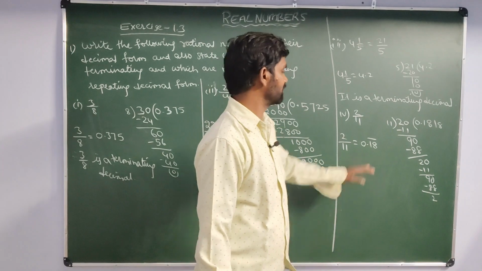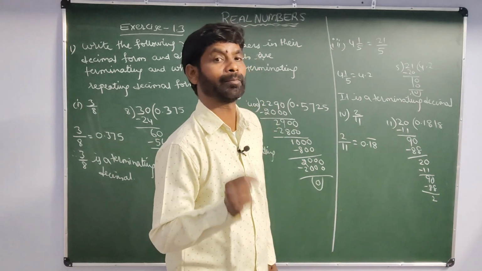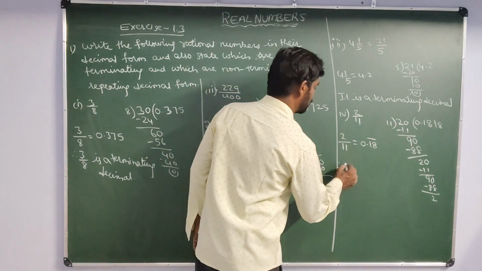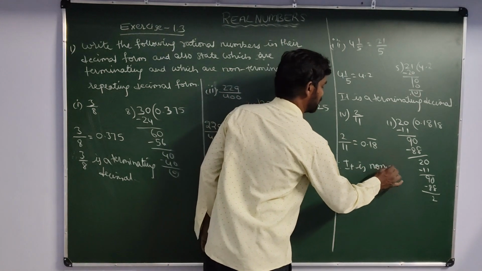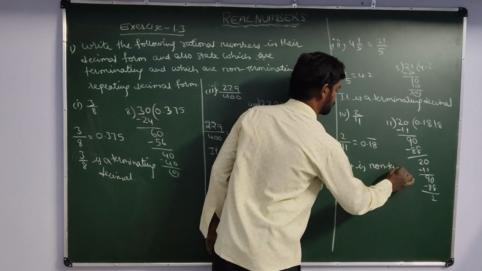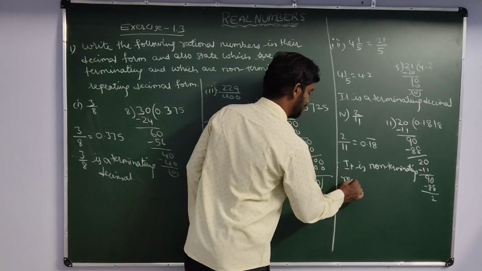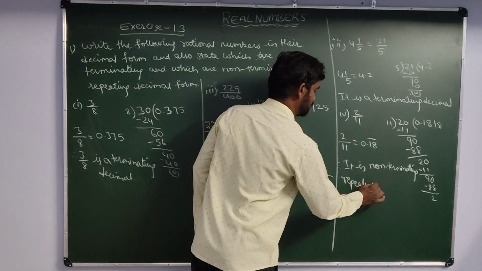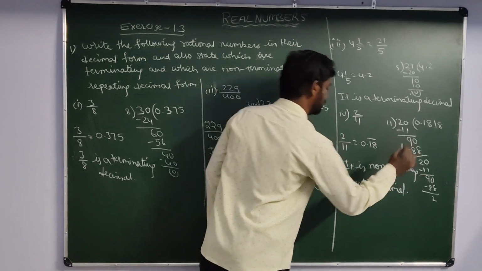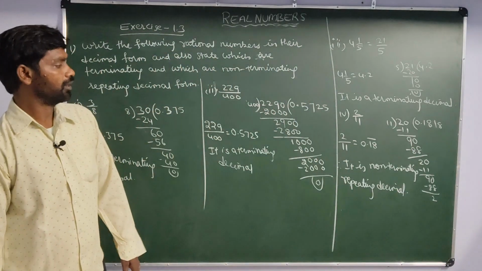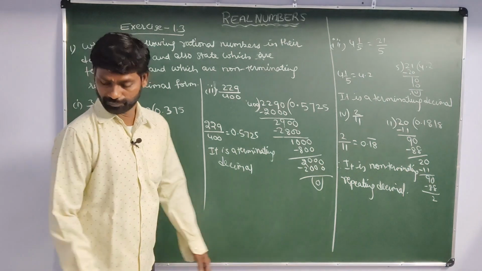Therefore, we can say that this type of decimals are called non-terminating repeating decimals. So 2 by 11 is a non-terminating repeating decimal.